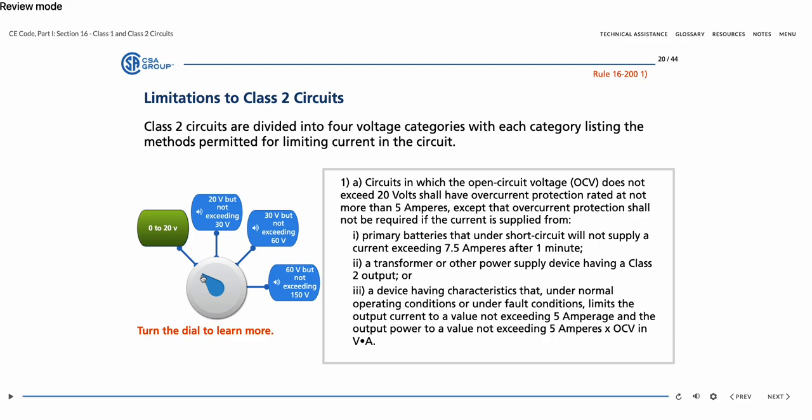A transformer or other power supply device having a Class 2 output. Or 3. A device having characteristics that, under normal operating conditions or under fault conditions, limits the output current to a value not exceeding 5 amperes and the output power to a value not exceeding 5 amperes multiplied by OCV in VA.